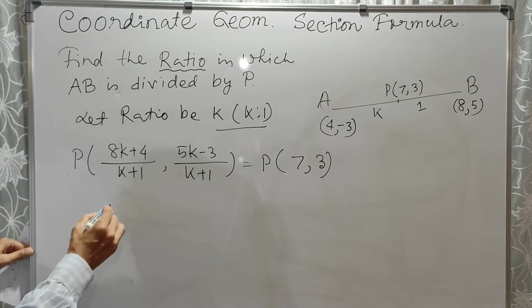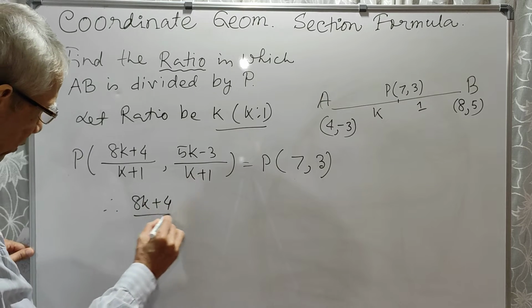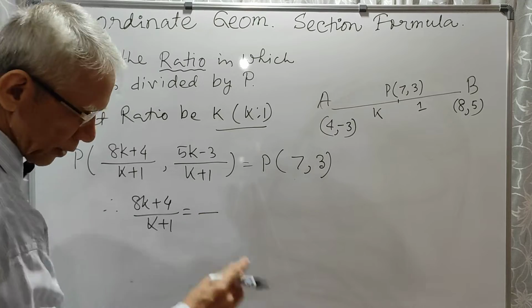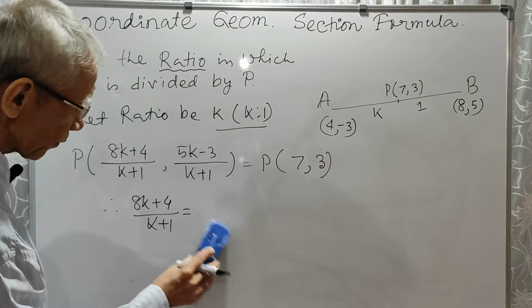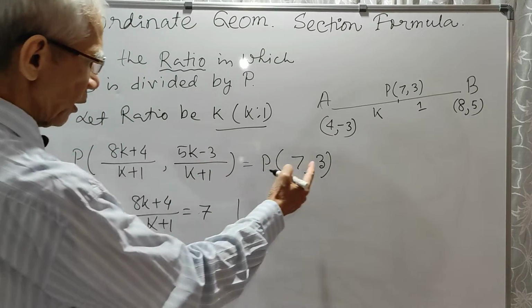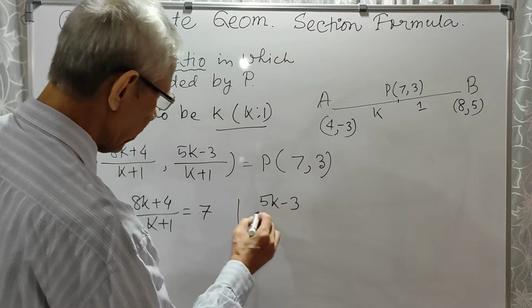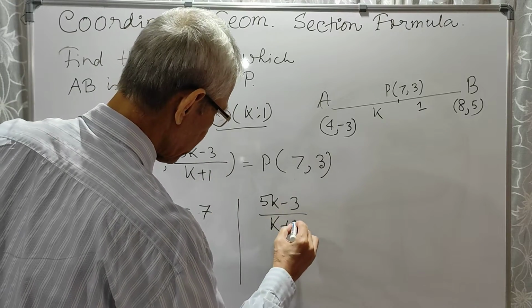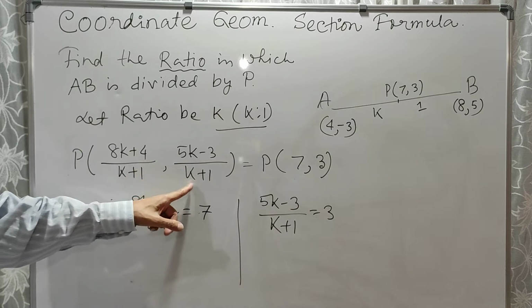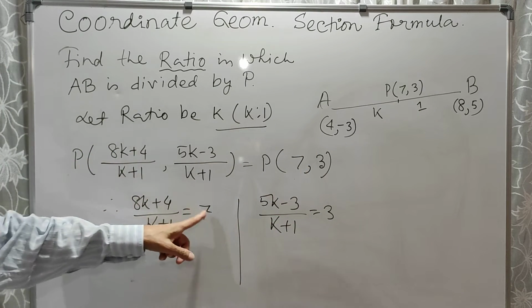So equating this part we get 8k plus 4 by k plus 1 is equal to 7, and y coordinate equal to y coordinate, that means 5k minus 3 by k plus 1 equal to 3.